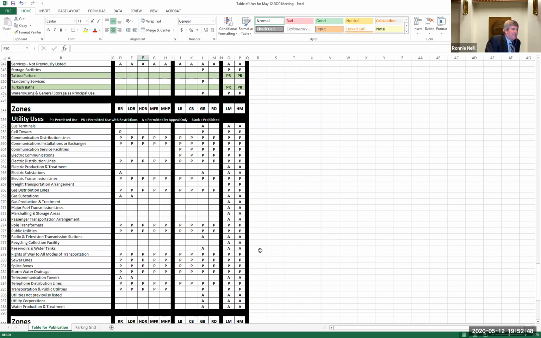Just seems to me they're all public uses anyway, aren't they? Well, they are, and what are you going to tell somebody, they can put a building on a piece of property, but they can't run an electrical line to it? Right. Jim, is that normal to have all of that in there? Yeah, this is a more thorough list than I'm used to seeing.